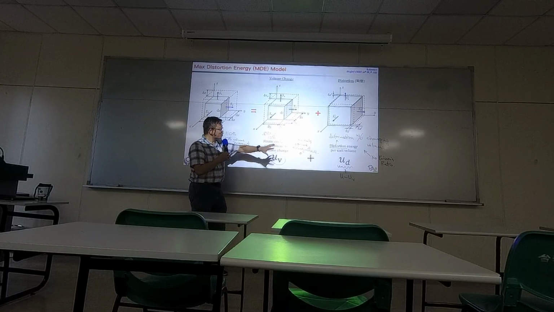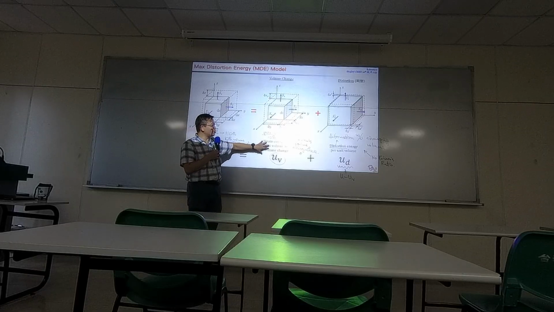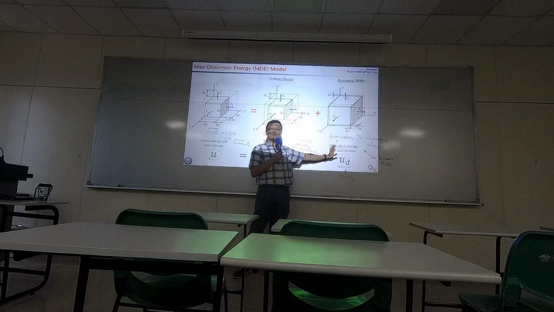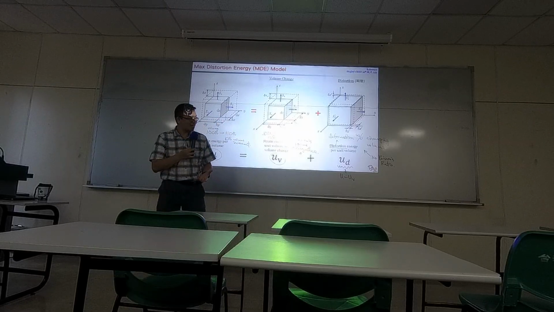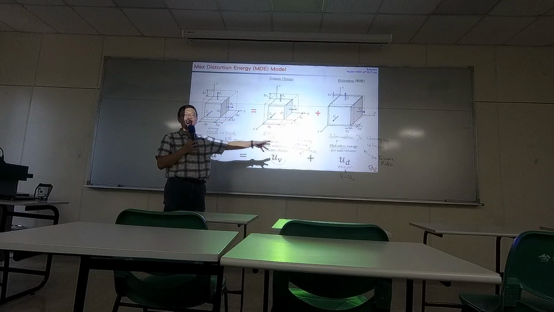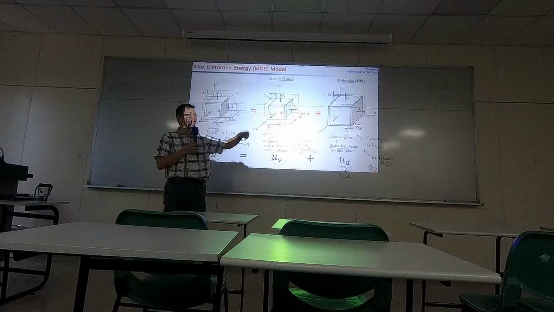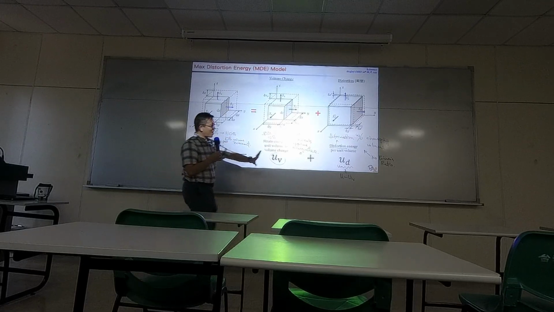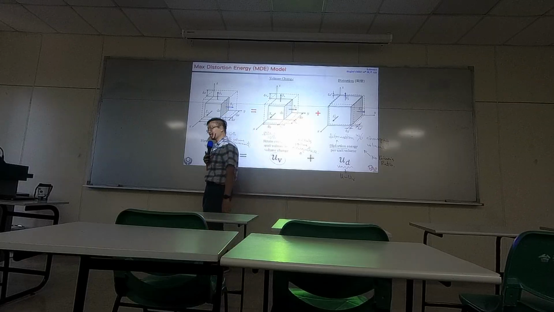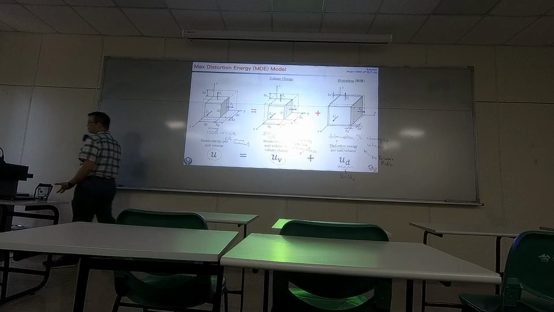But once you separate the pure volume change part, over here there's no Poisson's ratio. So we are able to form a new equation that doesn't require the value of Poisson's ratio. This model is the most common model that we use nowadays.